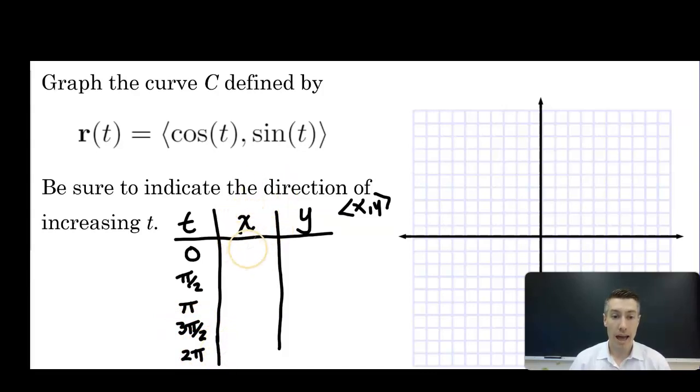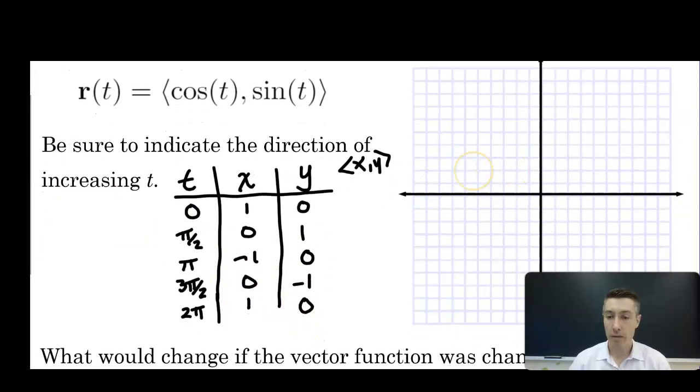Okay, so then x would be 1 and y would be 0 at t equals 0. And then we have 0, 1 at pi over 2, negative 1, 0 at pi, 0, negative 1, and then back to 1, 0. So we do have a large graph here. So instead of just using one box as 1, let's open it up a little bit to give ourselves some space. So I'll go every 4 just to use a few more boxes in our graph.